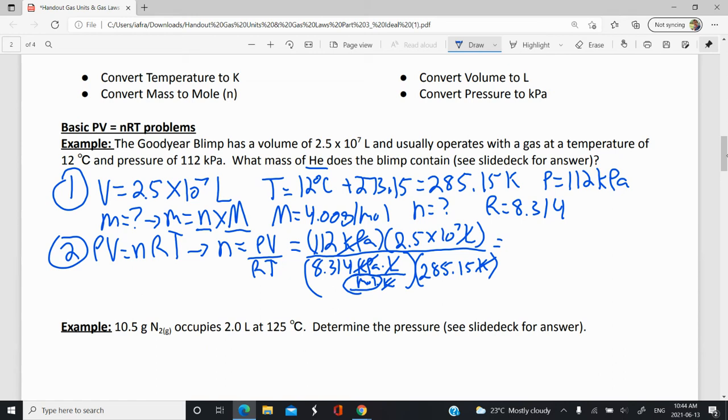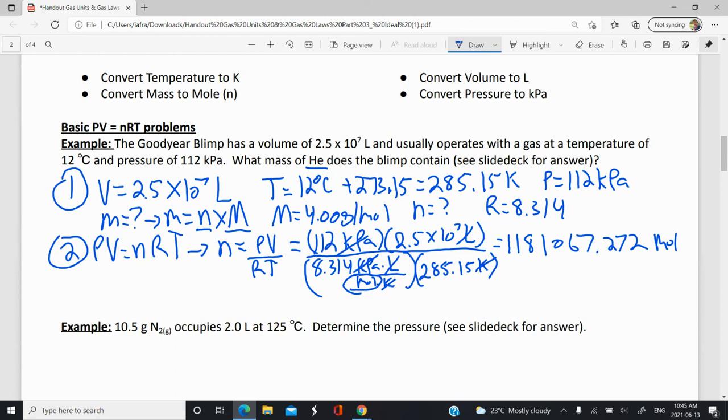And we get a really large number of moles here, and that's okay because we're filling up a blimp, so it makes sense. Moles. And just to verify, I'm pretty sure we're on the right track here. 112 times 2.5 times 10 to the power of 7 liters divided by 8.314 divided by 285.15. And that's right, that works out.